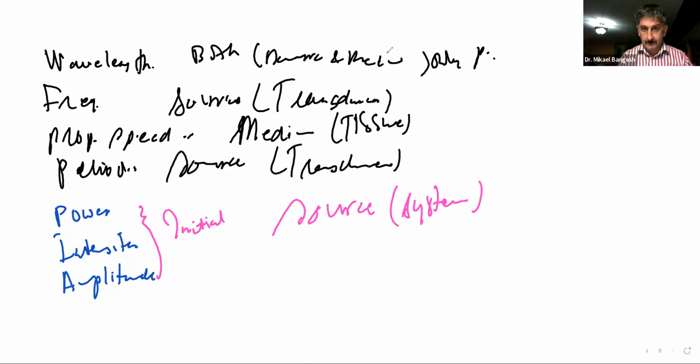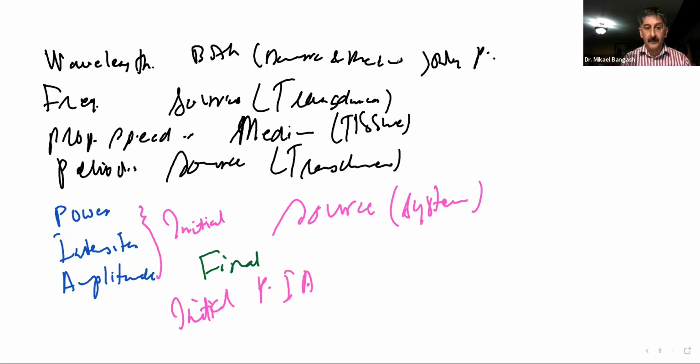Whereas, ladies, had it said final power, final intensity, or final amplitude, then the final of all of these three bigness parameters is going to be primarily determined by the initial power, intensity, or amplitude.